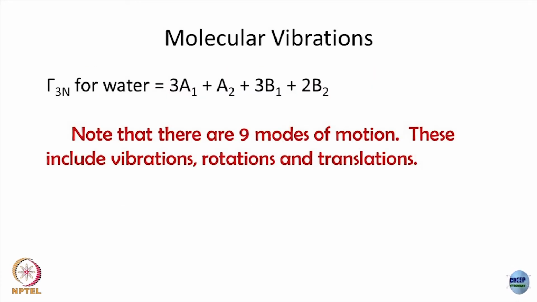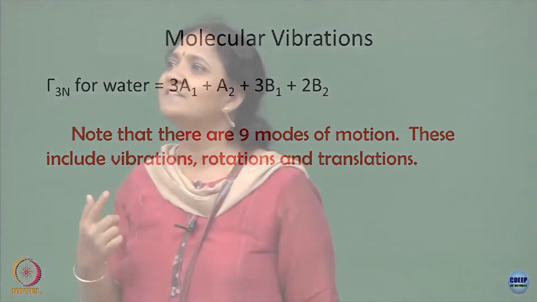So, once we have this, we have the 9 modes of vibrations, sorry, 9 modes includes translation, rotations and vibrations. Okay. So, this splitting which I have done here, in order to do this, you do not need to write the matrix representation. You can do this argument to actually figure out how many vibrational modes are going to be one dimensional. That means that frequency will occur only once.